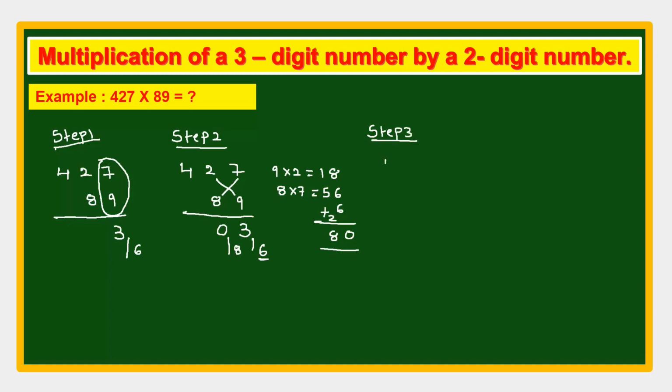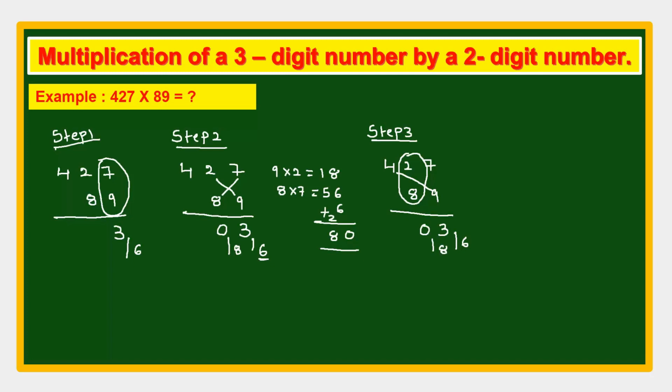Right. 427, 89. Now what we have to do? We have to multiply these two and multiply these two numbers. First we write the answer of the first two steps, 0 3, carry forward here 6 and carry forward here 8. Right.